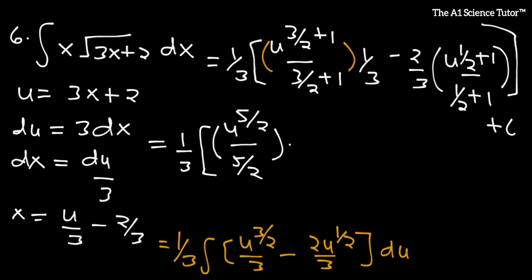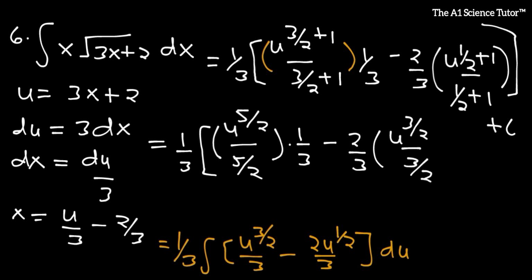And this should be multiplied by 1 over 3, right? Now over here we have 2 over 3, and we're going to have it multiplied by u raised to the power of 3 halves. And of course, should also be divided by 3 halves. And there is a plus c over there.